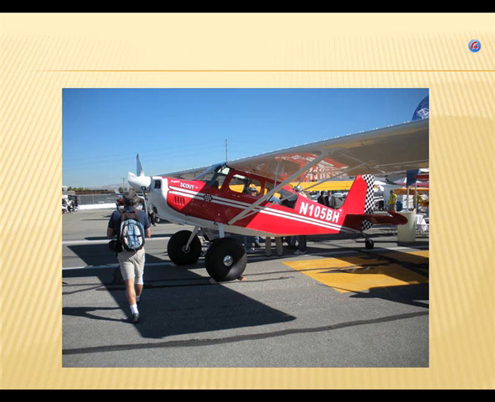One of these days, maybe I'll bring in a DVD on how bush flyers work. They actually land in rivers. They land on sandbars. It's just amazing what they're capable of doing with the big tires and a very, very powerful engine that can nearly hover that aircraft. So if you have any idea about bush flying in Alaska, this is probably what you'd be doing.